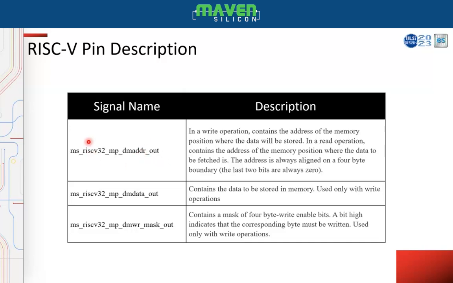So the address output is going to be produced on these lines, and during the execution of a store instruction, the processor will give you the data output through these DM data output lines. And when it is a store byte or store half word instruction, then this mask out will help us understand which lane of the 32-bit data bus contains valid data. Alright, so this is how we have different sets of signals.